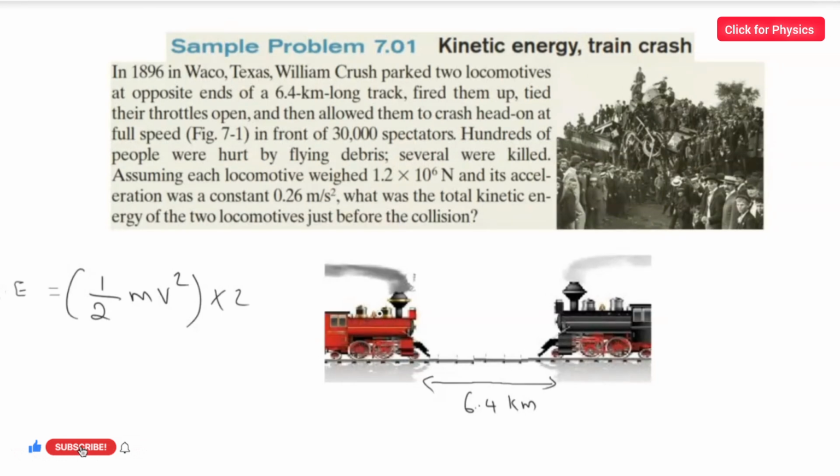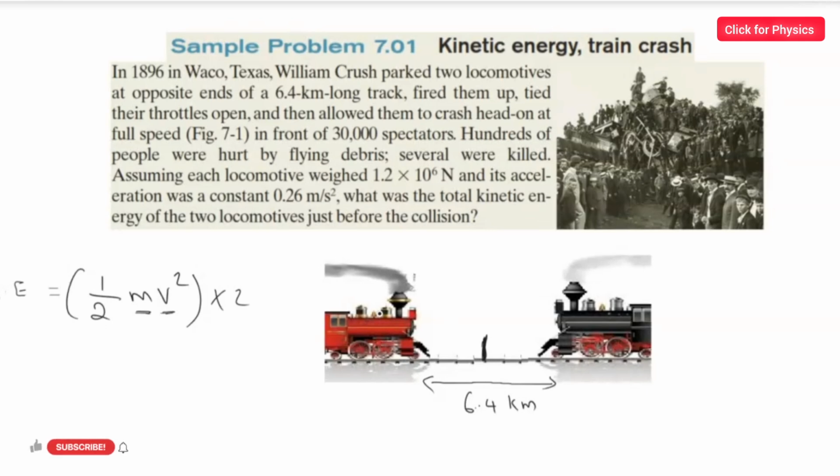To find the kinetic energy, we need the mass as well as the speed. So first of all, we have to find the mass and the speed. Before the collision happens, the locomotives come and collide head-on at this point.